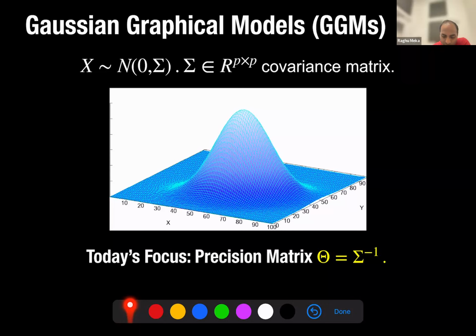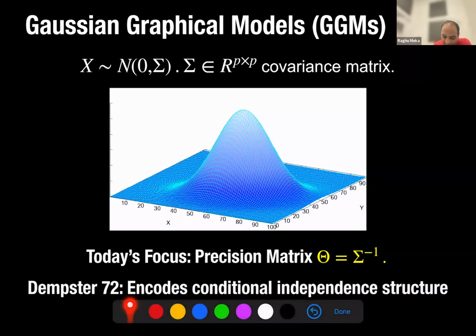So instead of looking at the covariance matrix, which is what you usually focus on, we're going to emphasize the precision matrix, which is the inverse of the covariance matrix. So let's assume that the covariance matrix is invertible. Otherwise, you can just take out the kernel or add some small perturbation. Let's not worry about such technicalities. But for any distribution, you can first compute its covariance matrix, and you can compute the inverse of the covariance matrix. The inverse of the covariance matrix has a name in statistics literature. It is called the precision matrix. And that is what we're going to focus on.